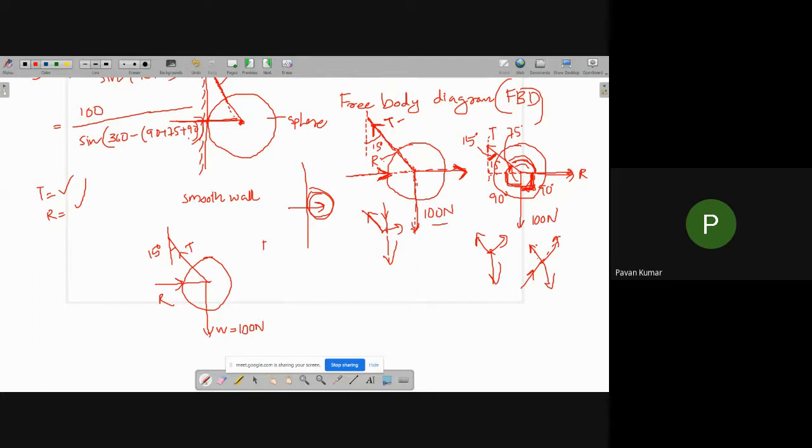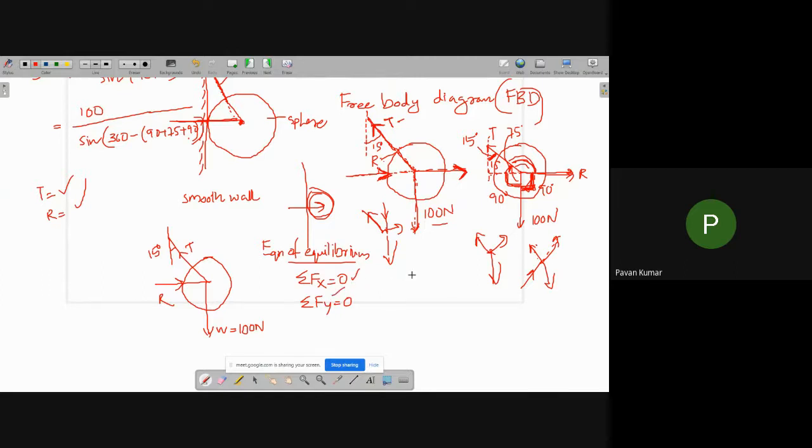When we are using equations of equilibrium, our basic equations are sigma Fx equal to 0 and sigma Fy equal to 0. Now we have to find out what is sigma Fx and sigma Fy.